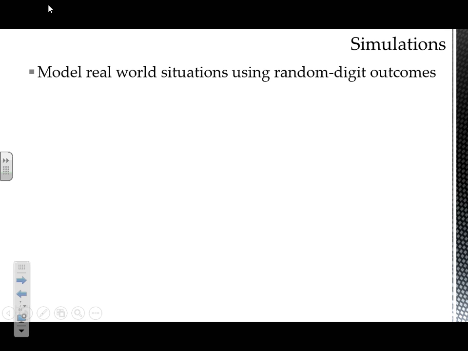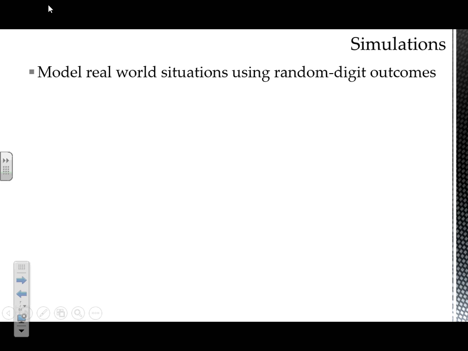Okay? Now, simulations. Simulations are very important for modeling real-world situations. There are times where we may want to find out what will happen given a certain scenario, and we don't want to spend the time or the money going through a process of collecting real-world data.